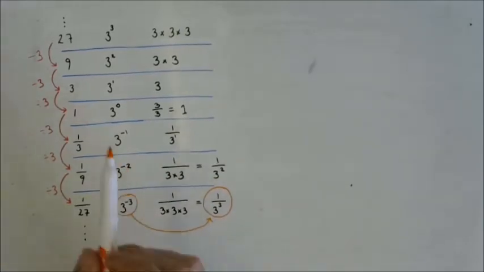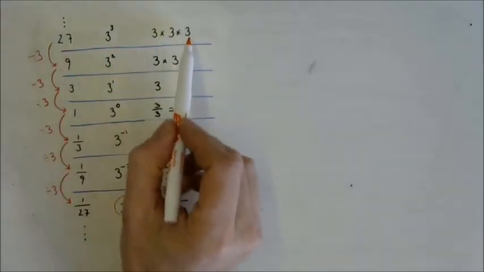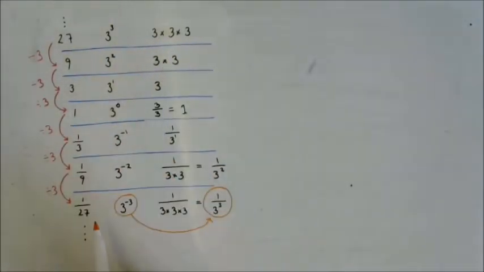You can see how this 27 had 3 factors of 3 in the numerator, and this 1 over 27 has the same thing, 3 factors of 3, but this time in the denominator. So we can express powers with a negative exponent as powers with a positive exponent by flipping it, putting 1 over the power. Okay, we're going to write those rules.